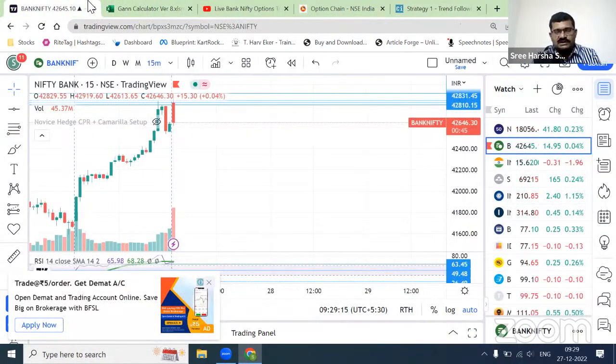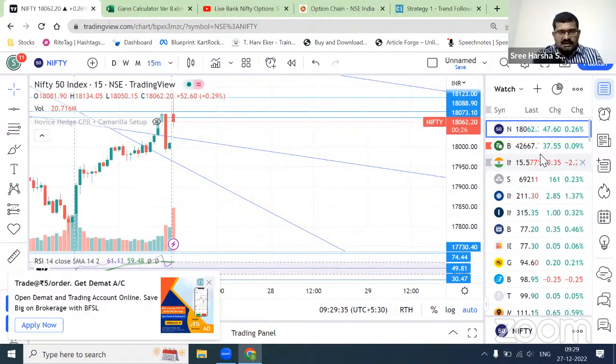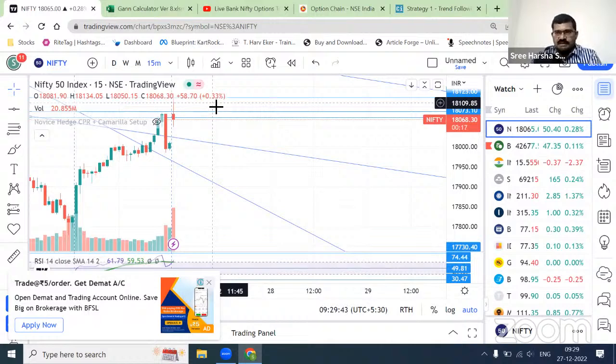As long as we hold 42,500, the market is on the upside. Let's see if it is going to take any support here. And if Nifty also takes support here, I am more interested in buying. I'll not look at selling today. Okay. See, now if it starts trading again above the high, it is going to be a buy move.